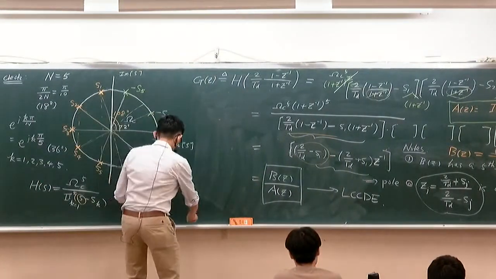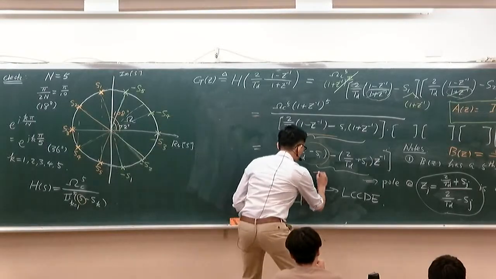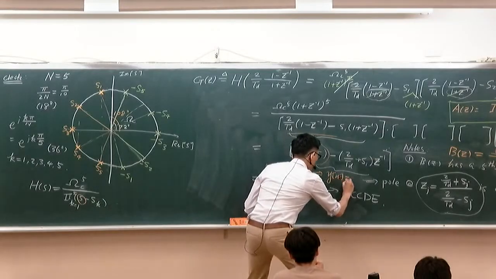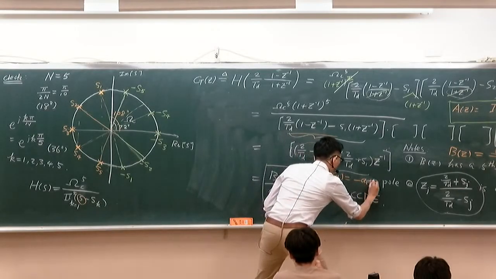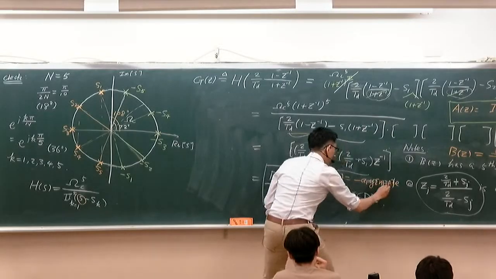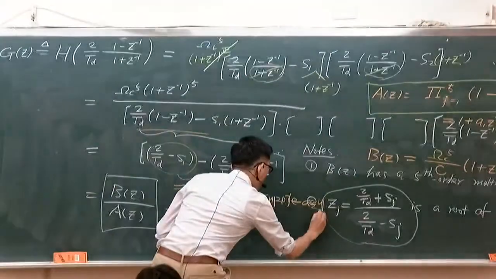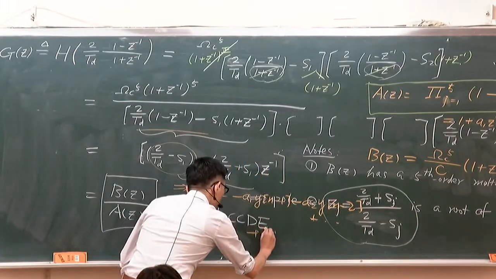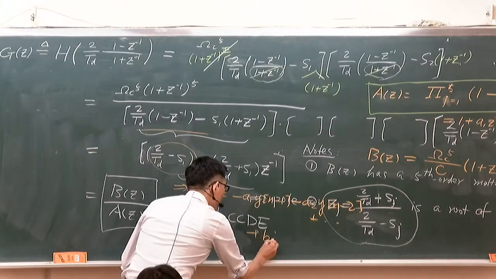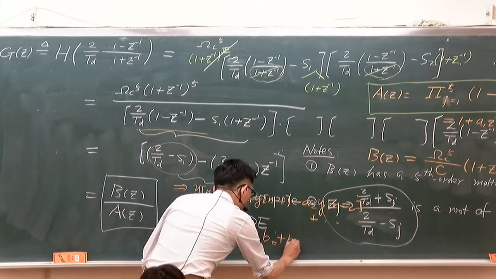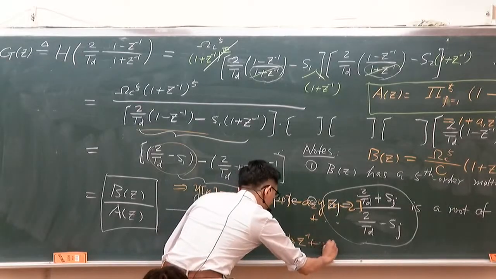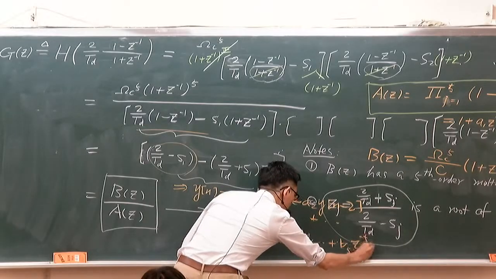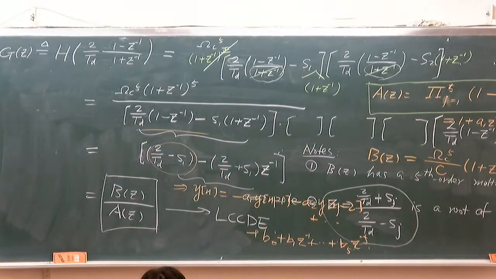So we change it into this form: y of n equals minus a1 y of n minus 1, minus a2 y of n minus 2, and so on, plus b0 x of n plus b1 x of n minus 1, and so on, up to b5 x of n minus 5, with all the coefficients being constants.